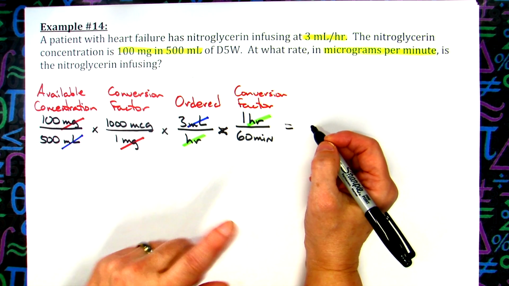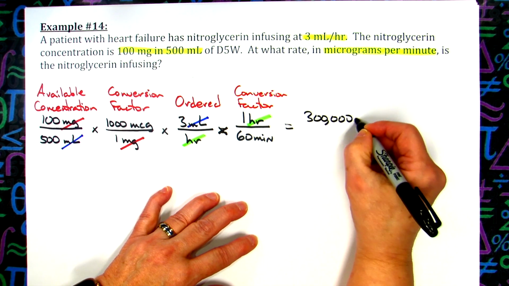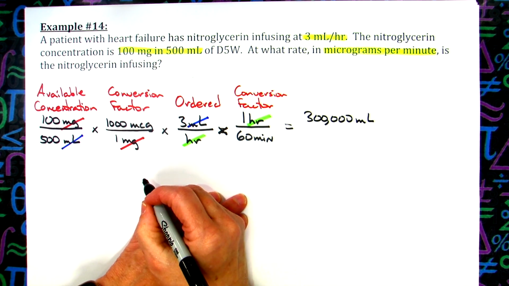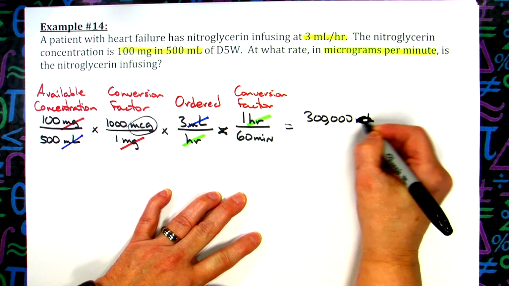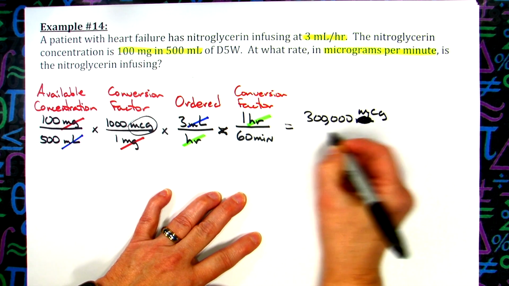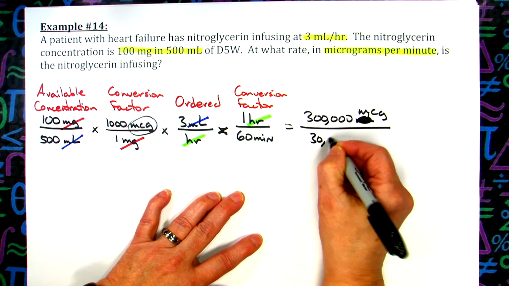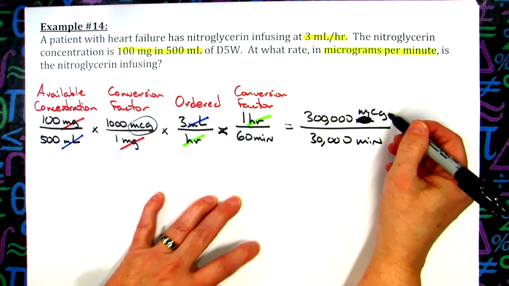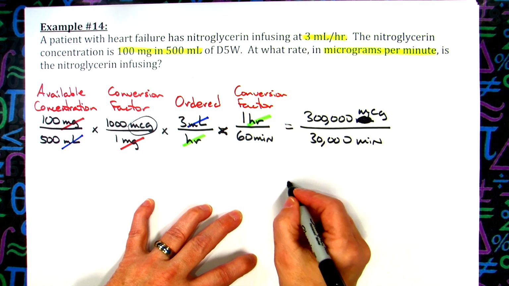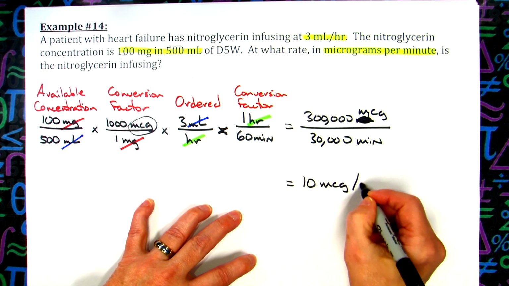I'm going to multiply across the top and have 300,000 across the top. What label do I have left? Micrograms. And across the bottom, I'll have 30,000, and that's going to be minutes. There we go, micrograms per minute. I'll divide that out, and I'm going to have 10 micrograms per minute.